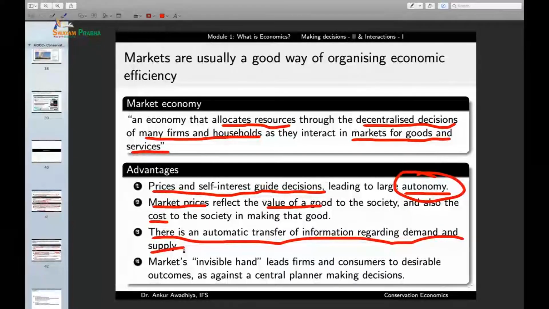Why is it automatic? Because if the price of something is going up, it means that the demand is going up or the supply is going down, as we saw in the case of the market for crude oil. So if the price of crude oil is going up, it is also telling us that the supply is less, because of which the information gets passed on to both the producers as well as the consumers.